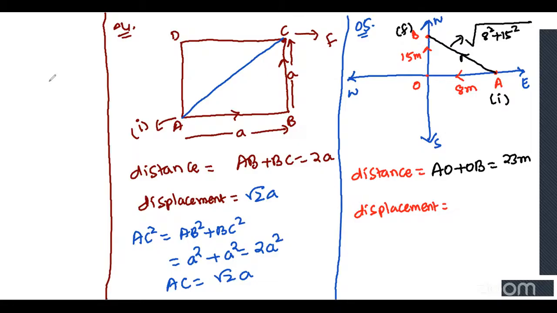If you remember, I told you about trios, right? Yes, sir. 17. Directly we can write now. So in this case also, we are having that displacement is less than the distance. Okay, fine.